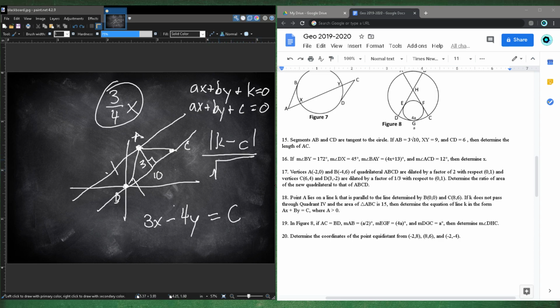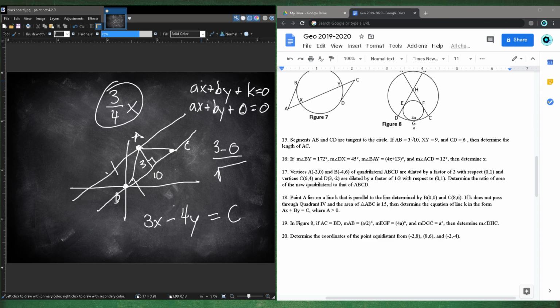That's the formula. So we know this starts at 0, so this c is already 0. So it's got to be k minus 0 divided by, right?